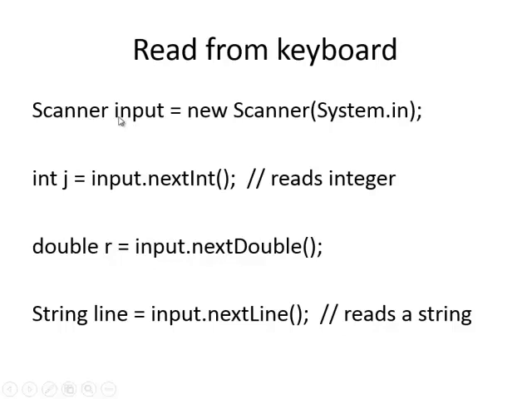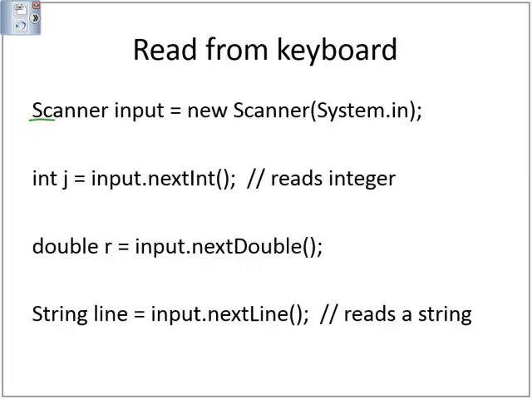You can give your variables any name you want. I happen to call this one input, but input is not a special word in Java. That's just something the programmer makes up. And this syntax here is the way that you create a scanner object.